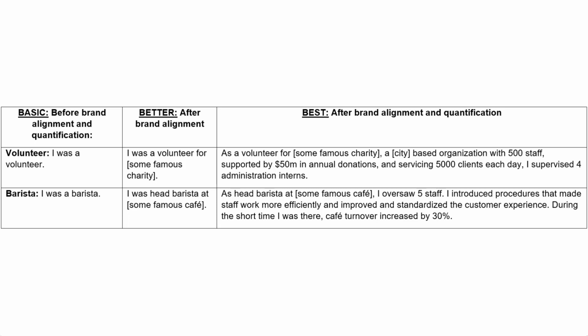And servicing 5,000 clients each day. Another quantification. I supervised 4 administration interns. Once again, another quantification. So this idea of brand alignment and quantification, you always need to be thinking of that. Okay, and I'm going to talk about that a lot more when we get into writing your resumes.